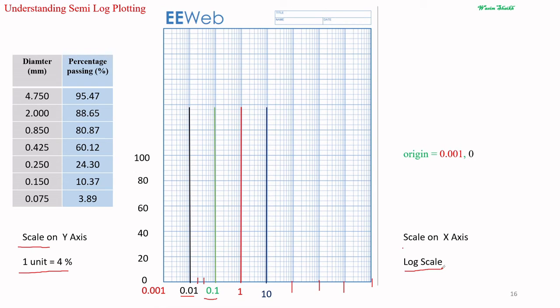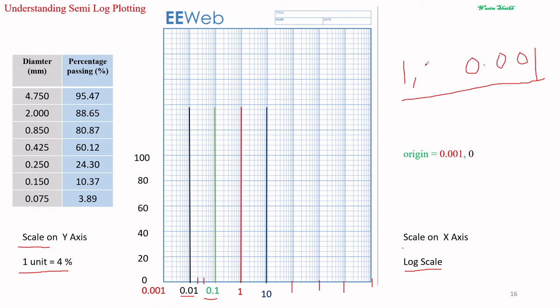Now let's come back to my earlier statement. Why do we use semi-log paper? Semi-log paper is used to compress the data. Let's say in a particular data set you have two values, one value is 1 mm and the other value is 0.001 mm. If you want to plot these two on the x-axis on a normal graph paper, you cannot do that.